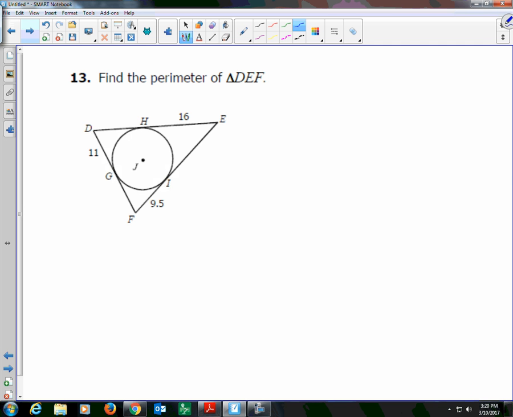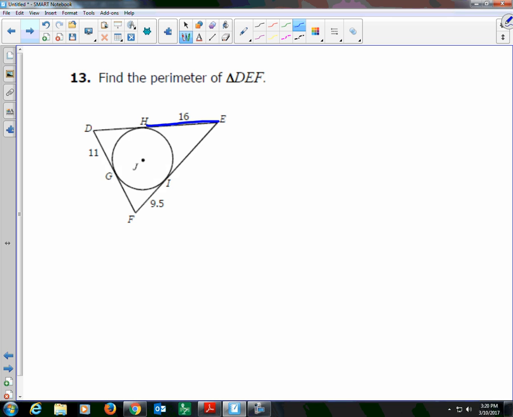We can take that one step further and look at a triangle with a circle inside of it. We want to find the perimeter of that triangle DEF. I know that EH is equal to 16, and as we said before, if you have two tangents and they share an outside point, then they both are going to be equal to each other.